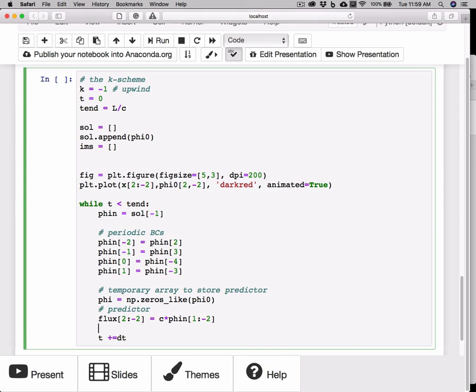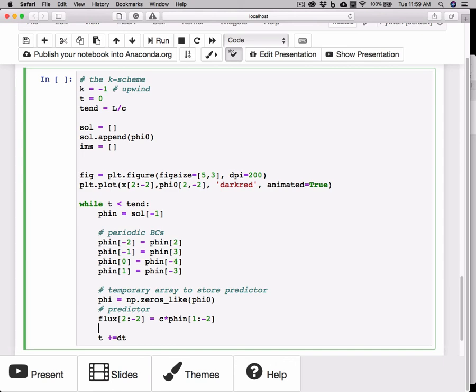Now we already have the fluxes stored on the faces, right? So all we have to do is figure out at cell I, we get the flux minus this flux, divide by delta x and multiply by delta t over 2. Okay? So how do we do that?